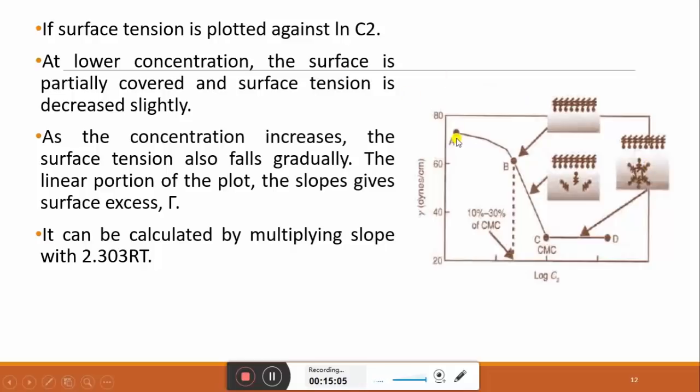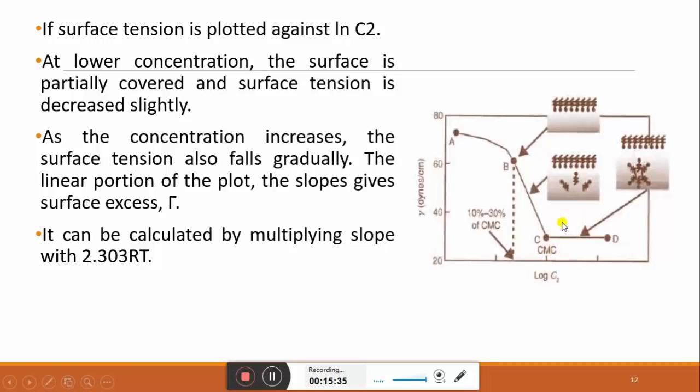So this graph indicates that initially there is no surface active agent present, so this is the surface tension value of the solution. When surfactant is added, it covers the surface, and as it covers the surface, it reduces the surface tension up to this point. When the surface is completely covered, they start moving into the bulk, and this point is called the CMC, the critical micelle concentration.